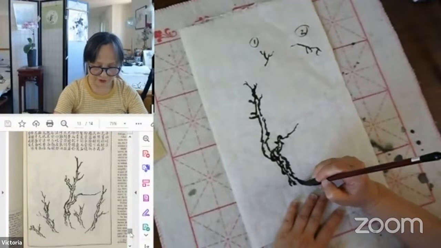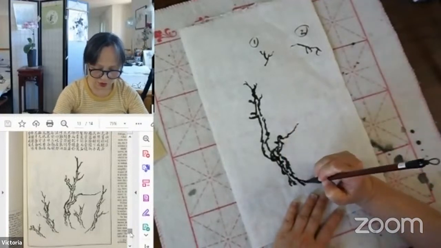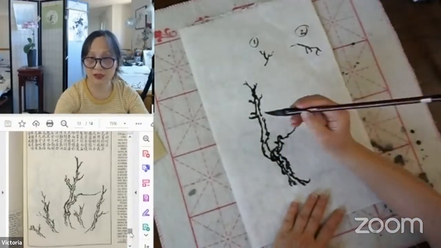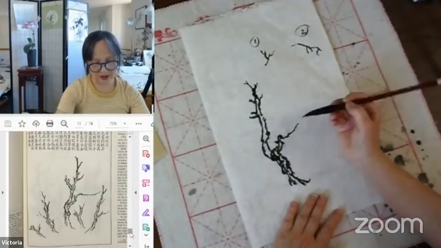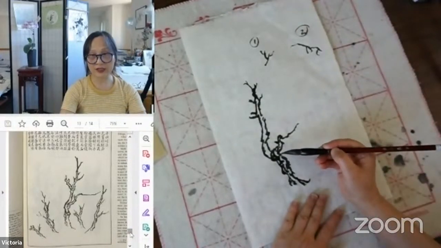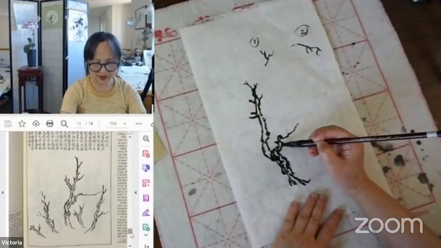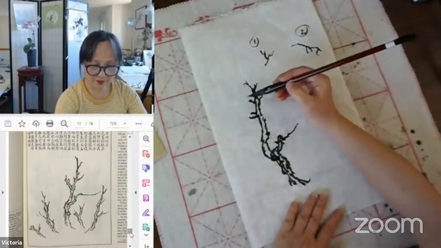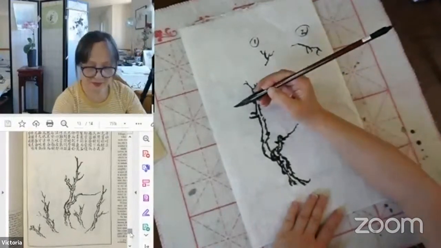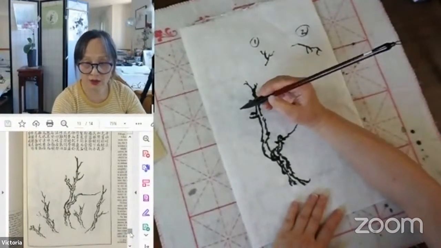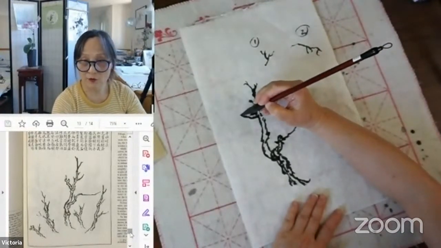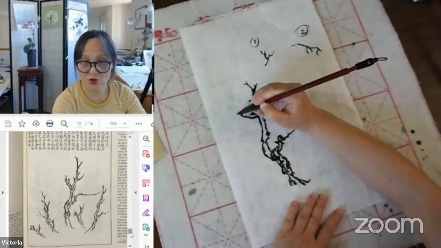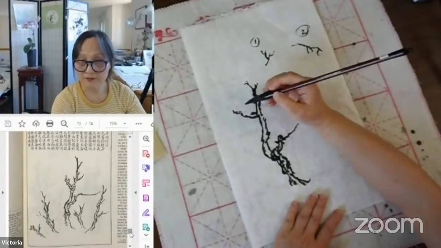Those are the build strokes. Use plum stroke. Okay, here you see more show for this branch, and this one seems not that much in front.